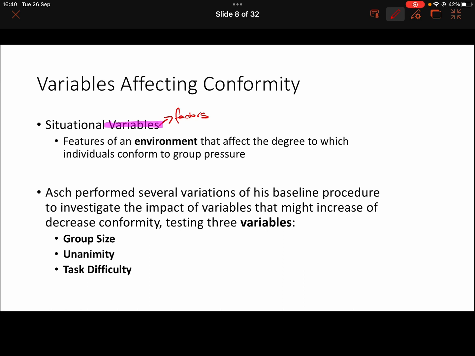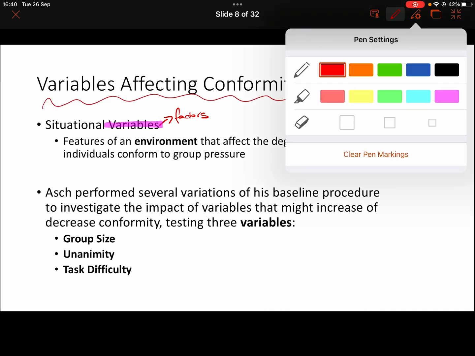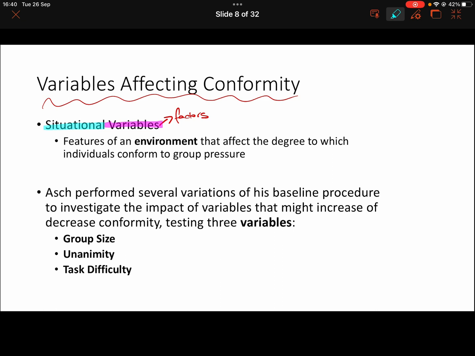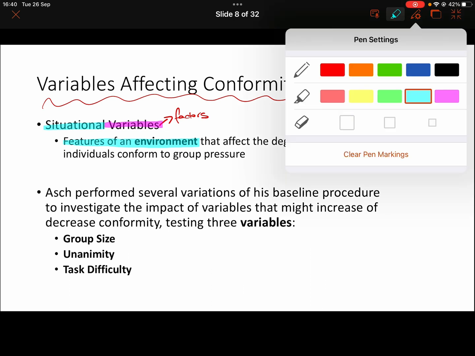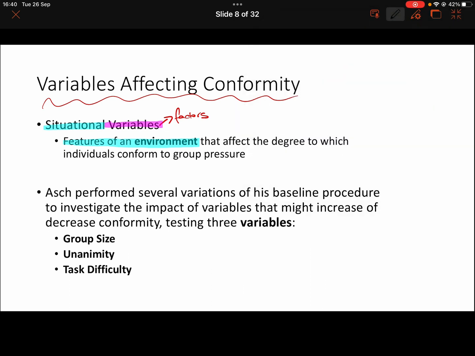We're talking here specifically in this topic about situational variables. Situational variables are features of the situation or the features of the environment which affect the degree to which an individual conforms. These are different to dispositional factors. You might have heard somebody compliment your lovely disposition.